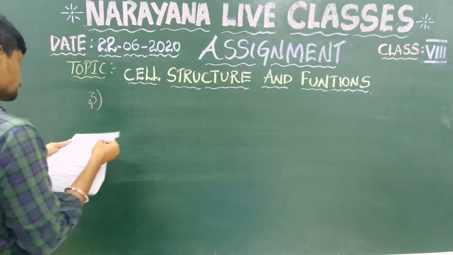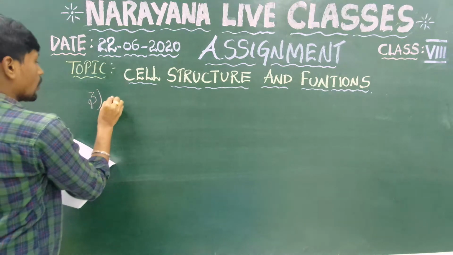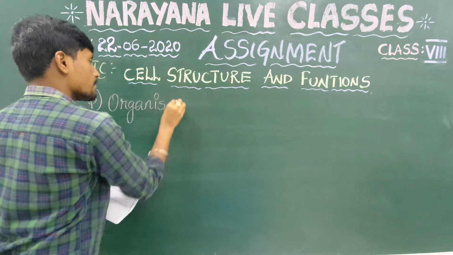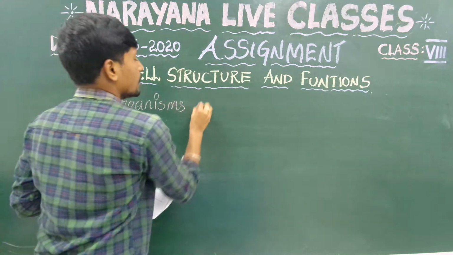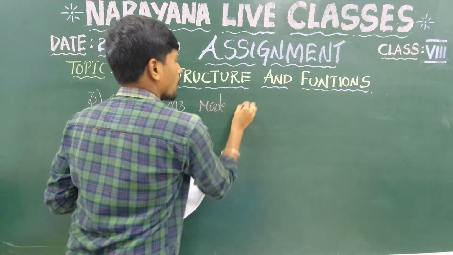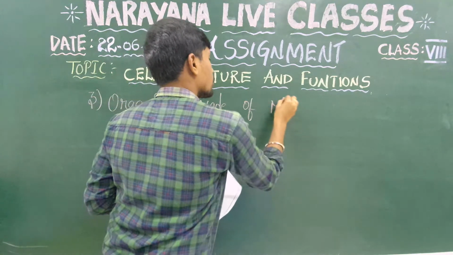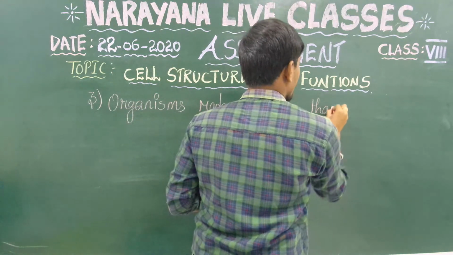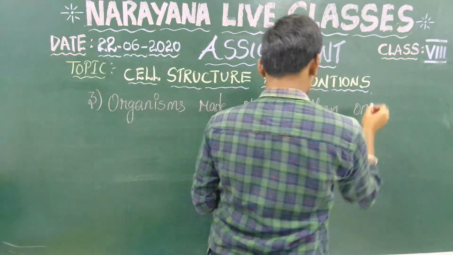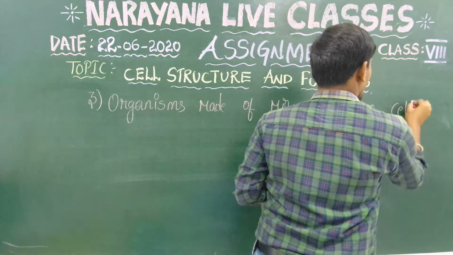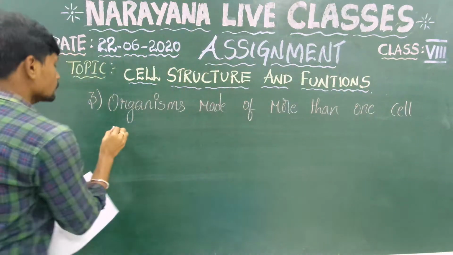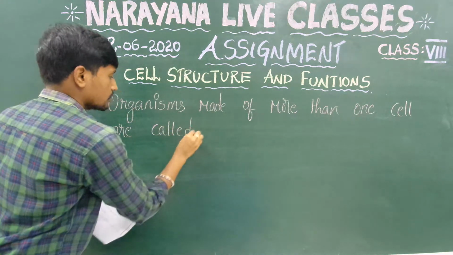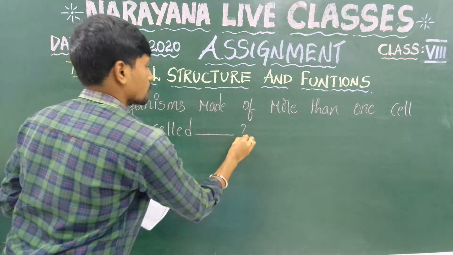Third question. Organisms made of more than one cell are called dash.